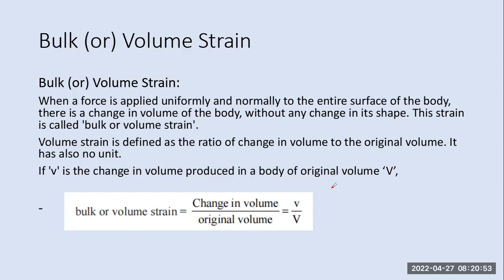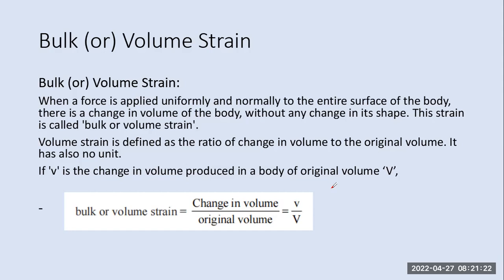Volume strain is defined as the ratio of change in volume to its original volume. Kung kanina, yung linear strain natin is with regards sa length ng ating object, here sa volume strain is regarding naman sa kanyang volume of the body.